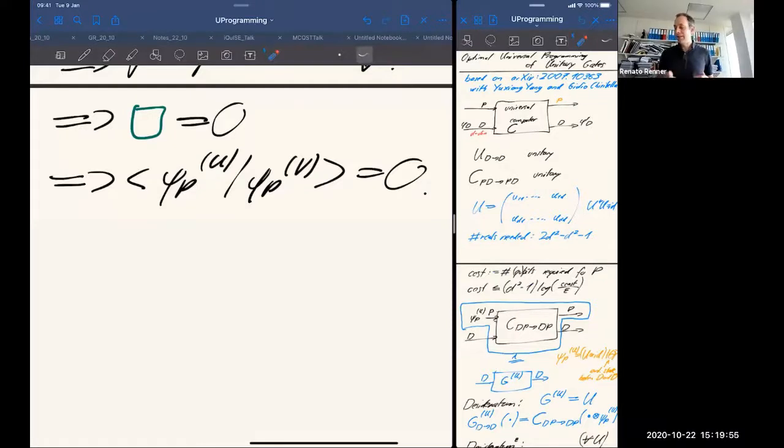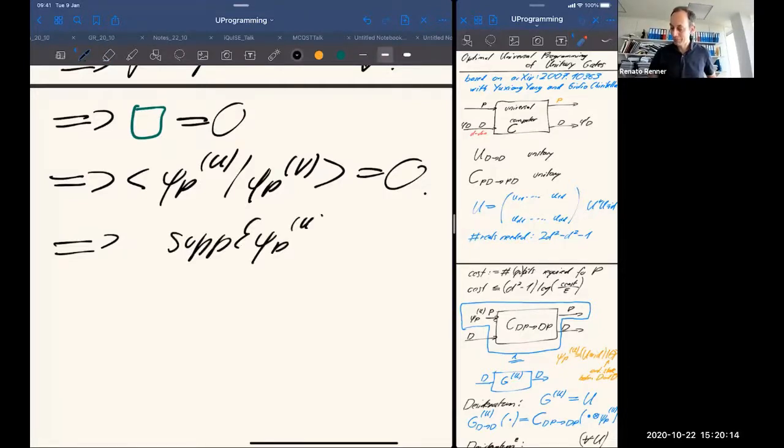And that means there cannot be a finite size machine taking this input. So the result is that the support, so to speak, if I look at all possible encodings for all U, which is just a mathematical way to write that, is infinitely large. And that means P, the input register, would be infinitely large.